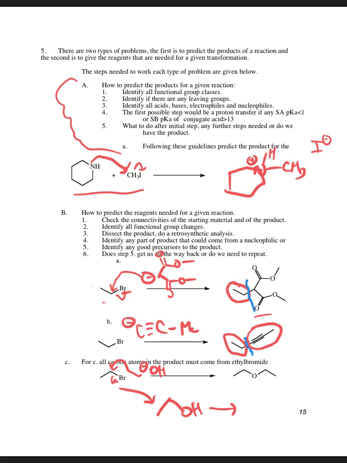What would we use to pull off that hydrogen on every one of the ethanols in the molecule to form the alkoxide, which then we could add to another equivalent of ethyl bromide to form the diethyl ether? The only way we can remove that hydrogen is to add a base that is stronger than the product of the reaction to make sure it pushes it all the way to the right.